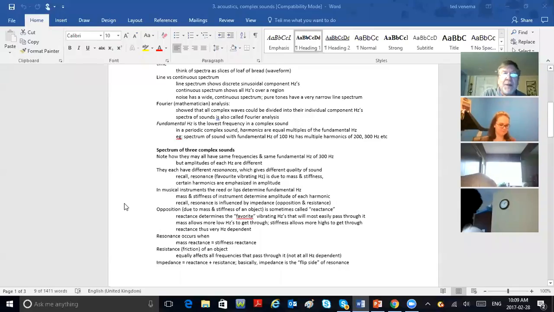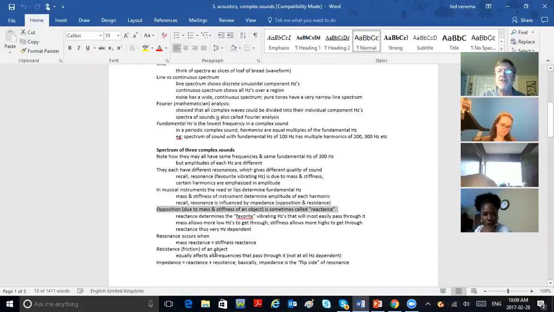Now, read now. Opposition due to mass and stiffness of an object is sometimes called reactance. That's the top, what you just wrote on the bottom of your page there. Reactance determines the favorite vibrating frequencies that will most easily pass through it.